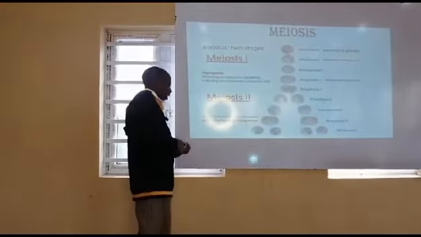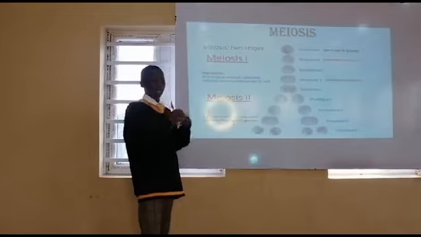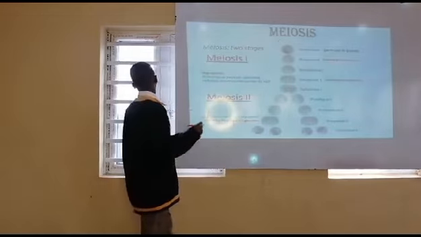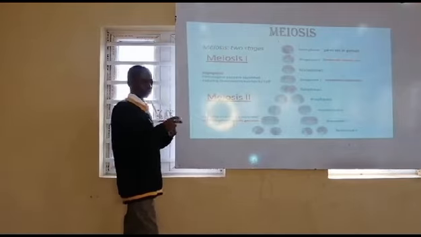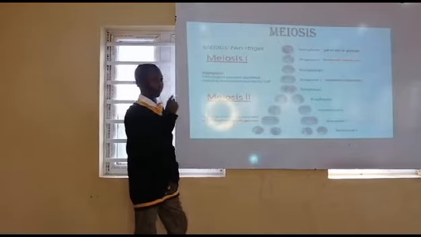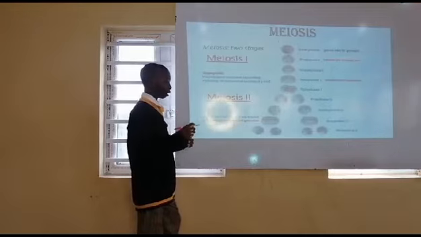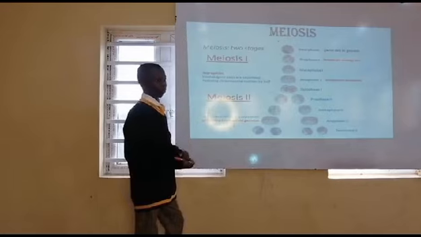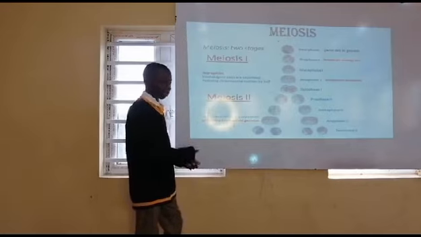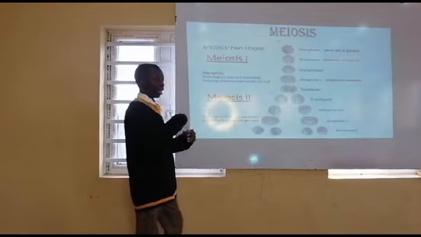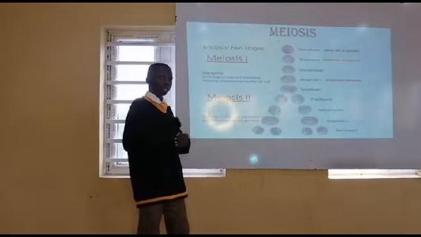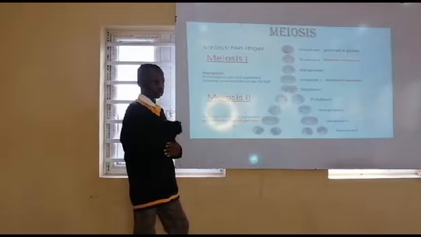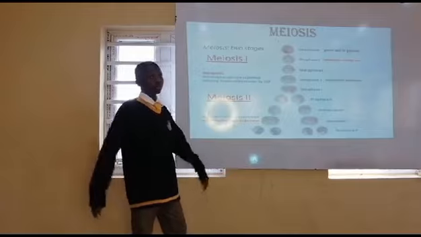For example, Spirogyra undergoes two types of cell division, but using meiosis, if they are in a place where there is adverse condition, the offspring of the Spirogyra will be able to adapt to the new environment.